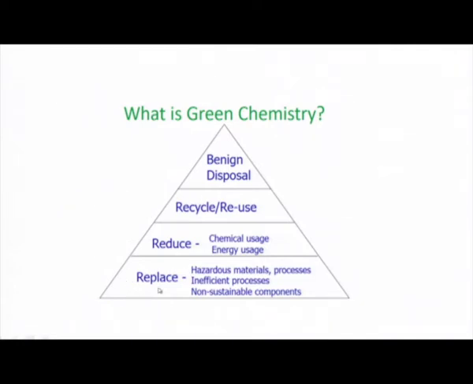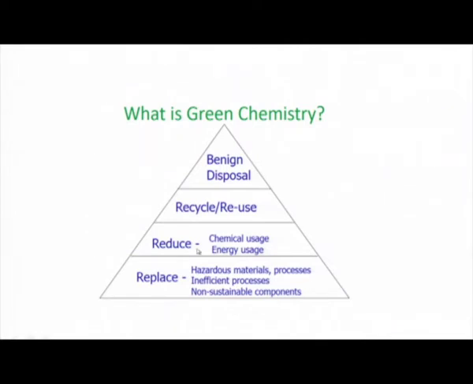For example, replace: if any hazardous materials, inefficient process or non-sustainable components are involved in the current process, they should be replaced by modifying the existing process, because that will always end up in waste generation, especially with hazardous things, which is not good for the environment. So, those types of materials should be replaced. This is the first step we have to pay attention to in the green chemistry concept.